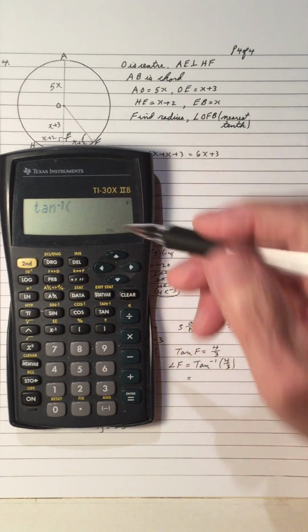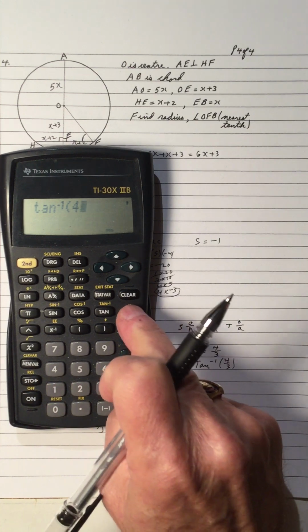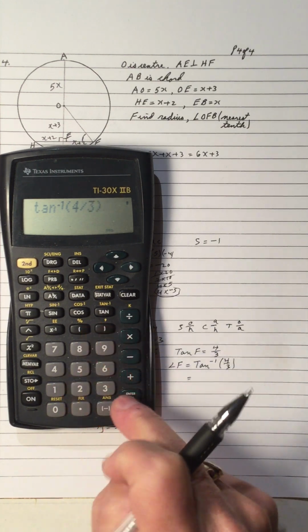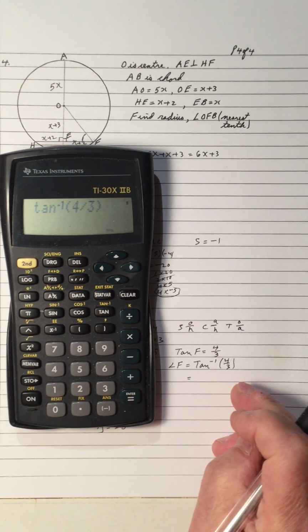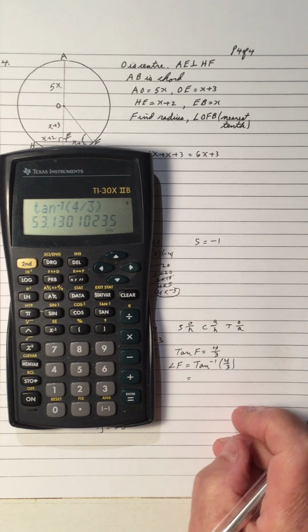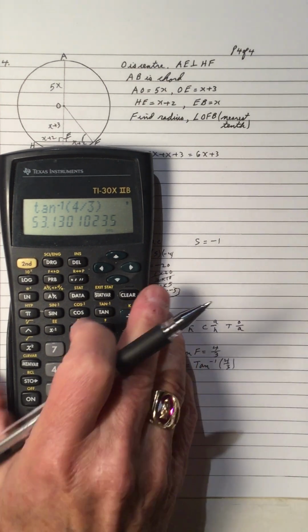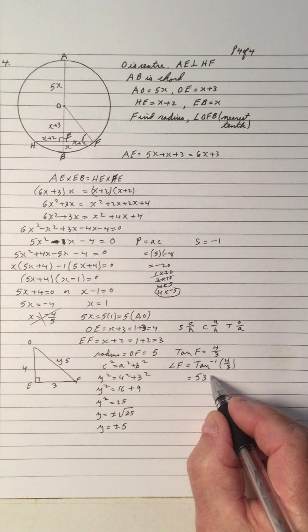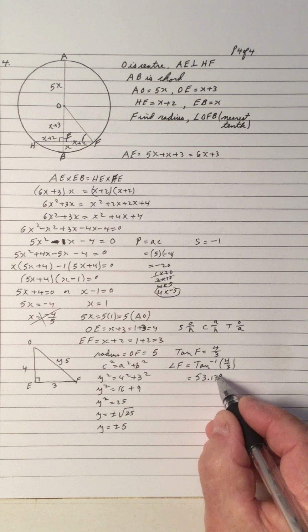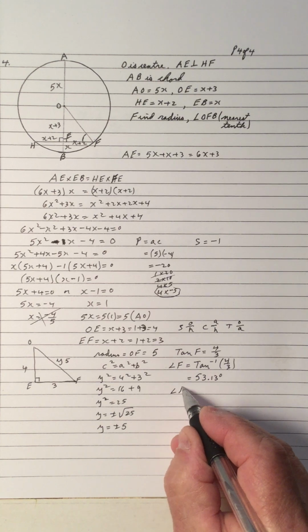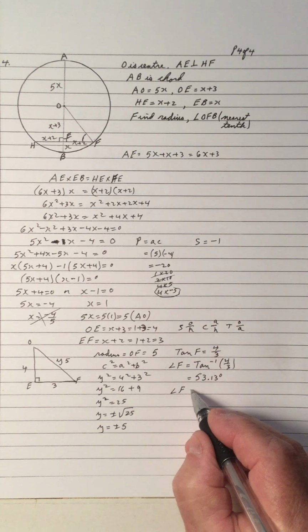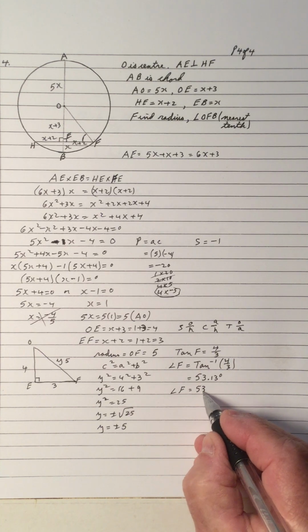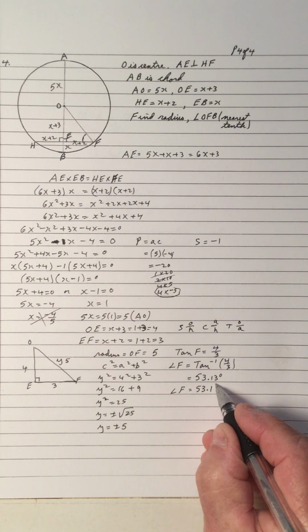So there's tan to the -1 of 4 divided by 3. Enclose that in a bracket. And I'll get 53.13. And we want angle F, it says to the nearest tenth, so it's 53.1 degrees.